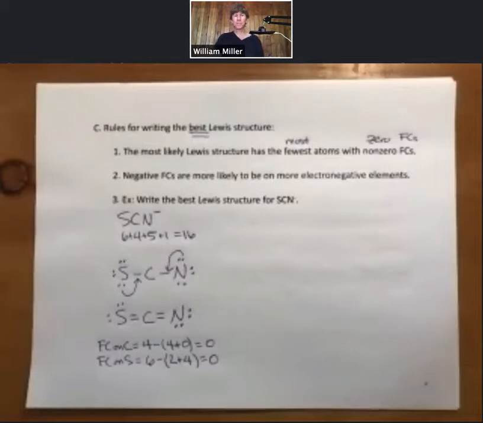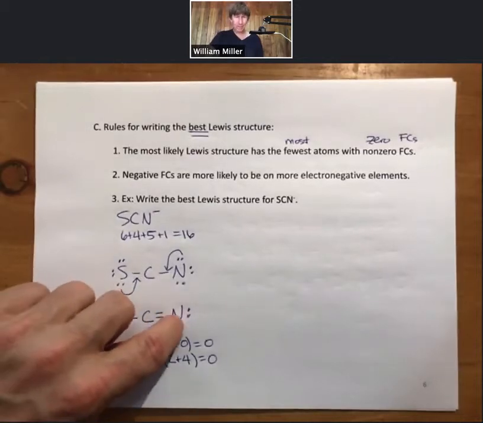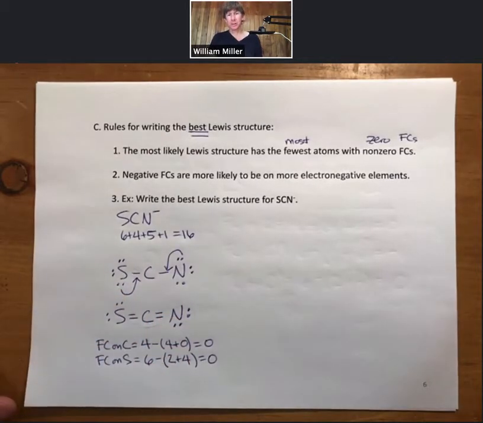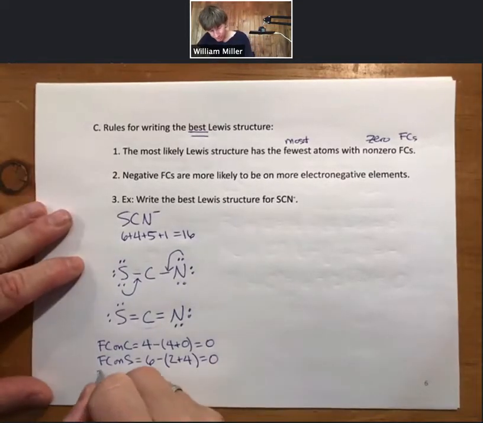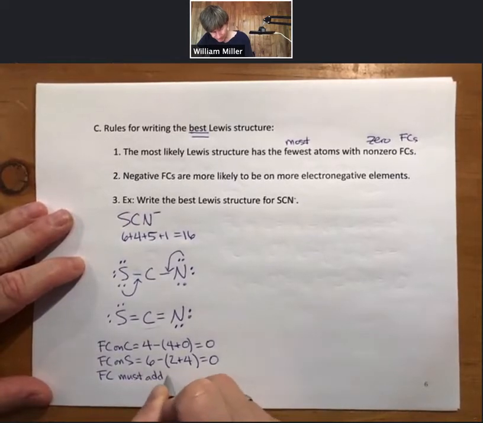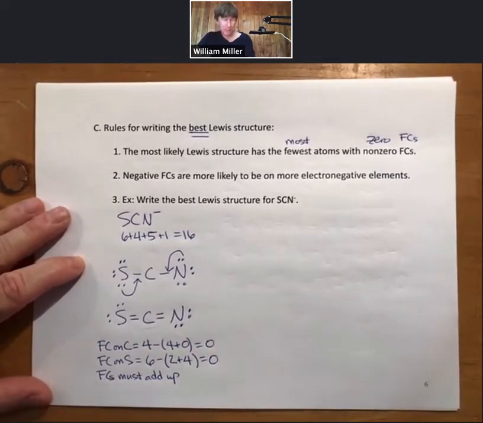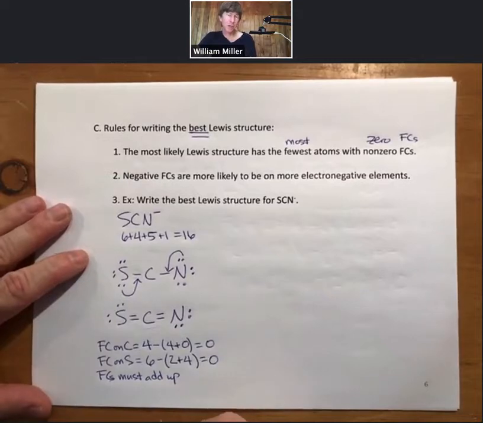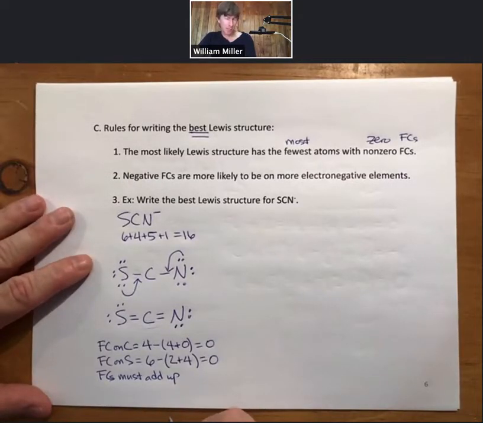Now at this point, I'm going to tell you that the formal charges on the atoms have to add up to the overall charge on the ion, in this case, or molecule. So formal charge must add up to the overall charge on the molecule or ion.